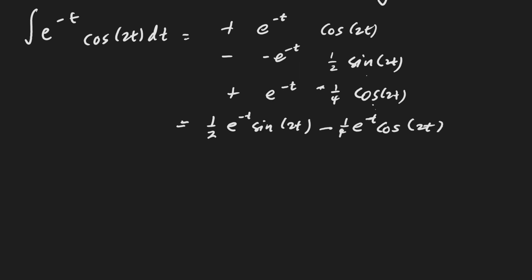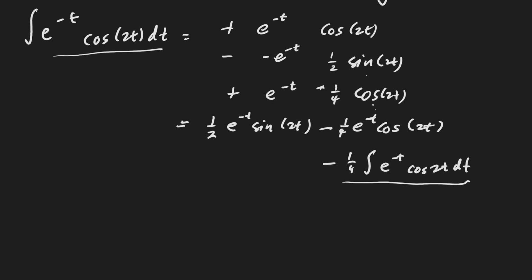But we still have this expression at the bottom, right? That's going to be a minus 1/4 times the integral of e to the minus t cosine of 2t dt, and now we have the same expression on both sides. If you bring this integral over to that side of the equation, that's 4/4, so that's 5/4.